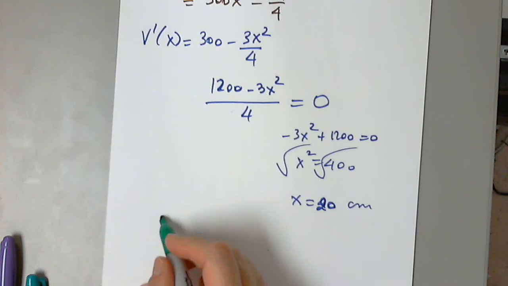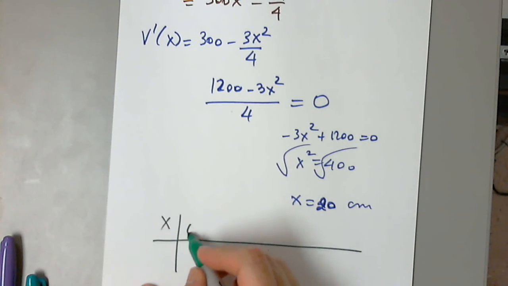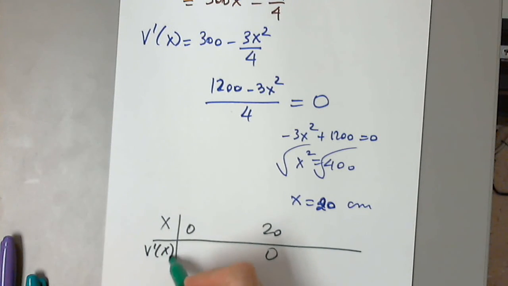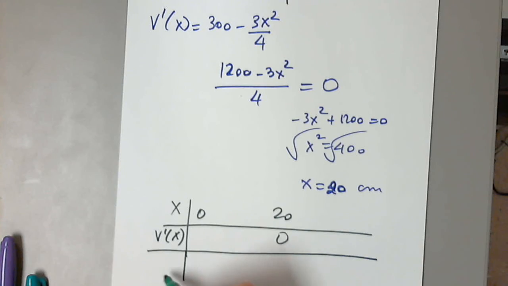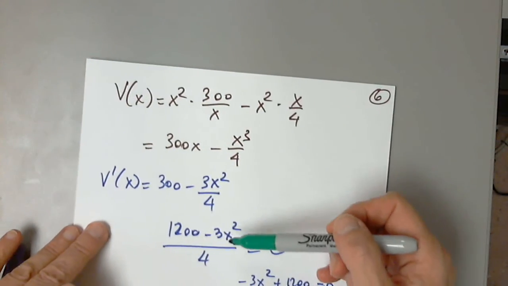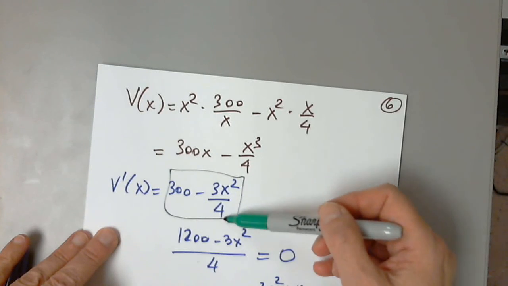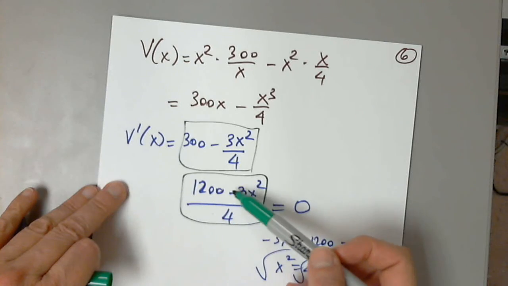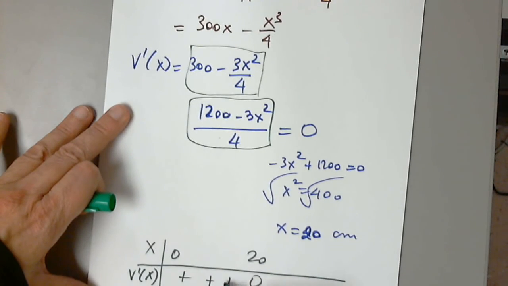So then, x, 0 and 20, v prime, and the function. So here is v prime, because I didn't change anything. So when I plug in 0, I get positive.